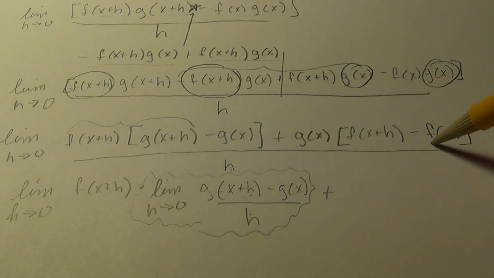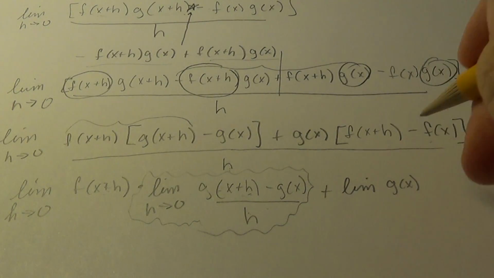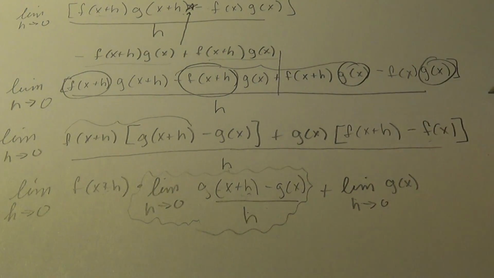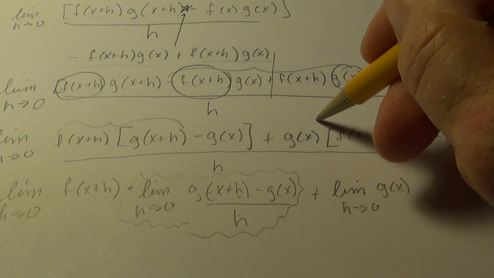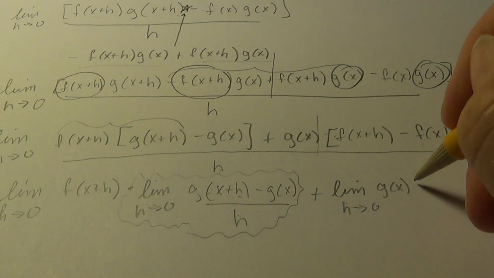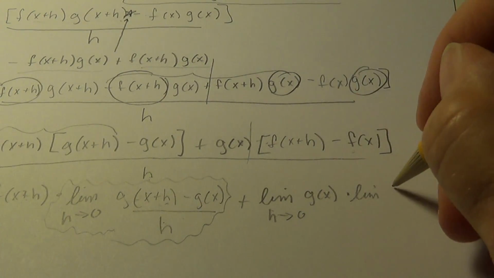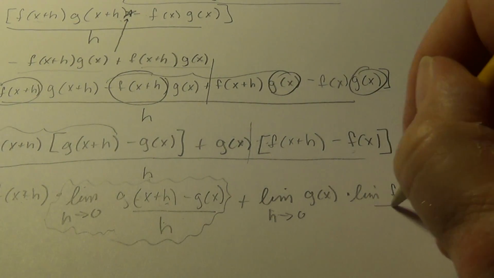All right, so over here, I'm going to do something similar. I'm going to break that into two limits. So I'm going to go the limit of g of x as h approaches 0, times the limit of g of f of x plus h minus f of x over h.